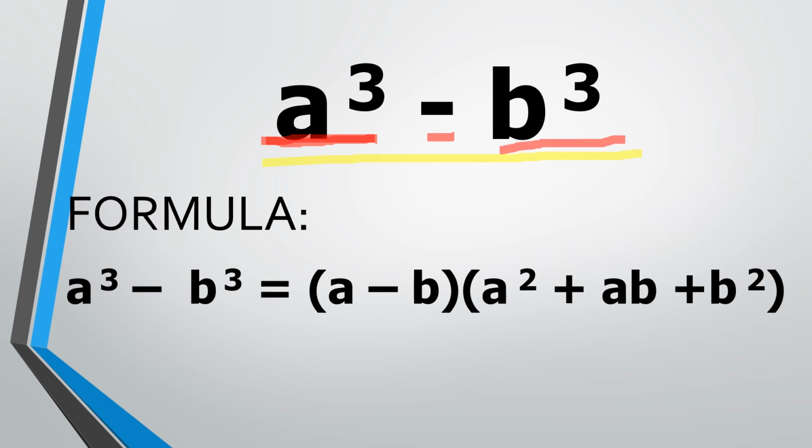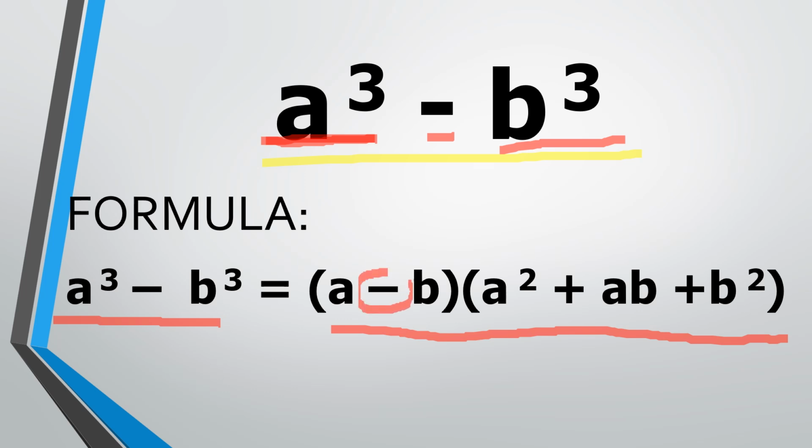Now, in this topic, we have the formula or the rule. We have a cubed minus b cubed equals a minus b multiplied by a squared plus ab plus b squared. Now here, the first binomial factor should have a negative sign.